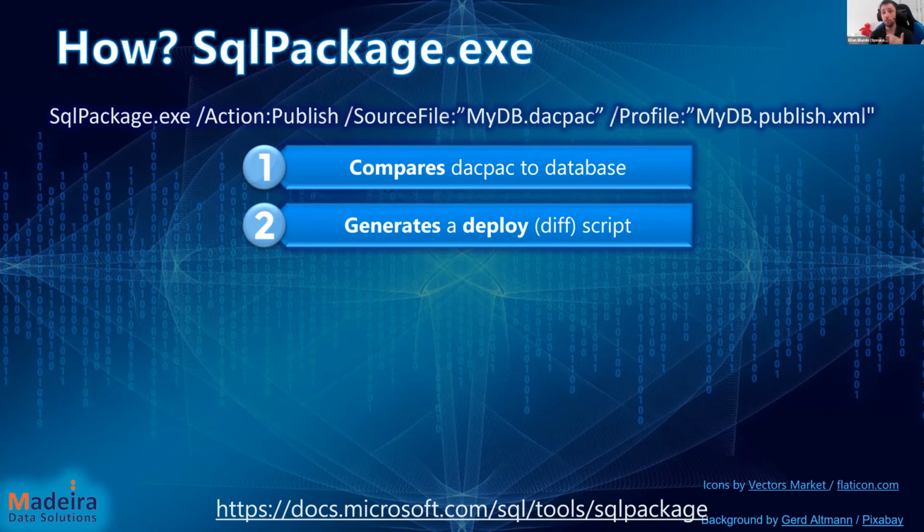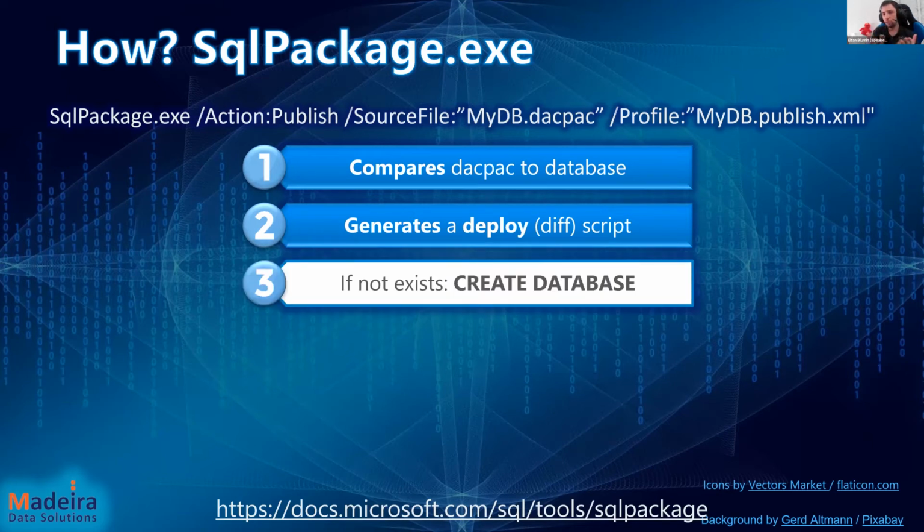And it does this using diff scripts. It doesn't drop and create everything from scratch. For example, if you add a column, it will run an add column command. If you change an existing stored procedure, it will run an alter procedure command, and so on. It is a diff script.